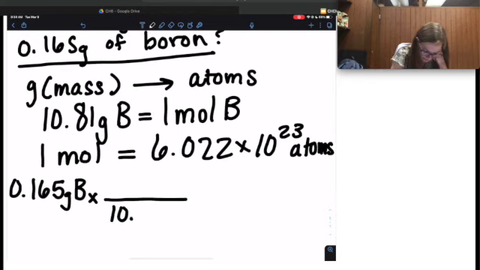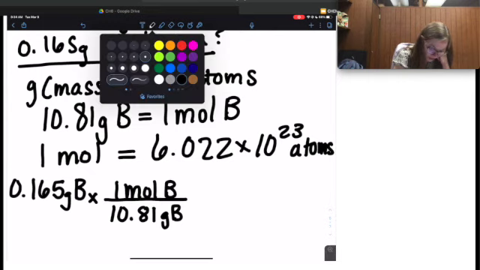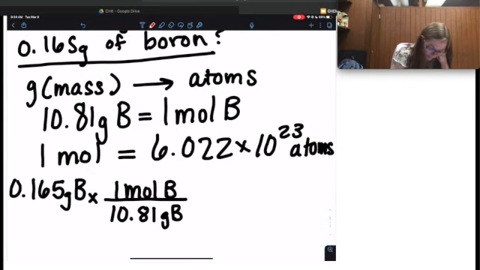I'm going to put 10.81 grams of boron on the bottom for every 1 mole of boron. So if I check out where I'm at, I've got grams of boron on the top, grams of boron on the bottom. Therefore, I am now left with the unit of moles of boron, okay?